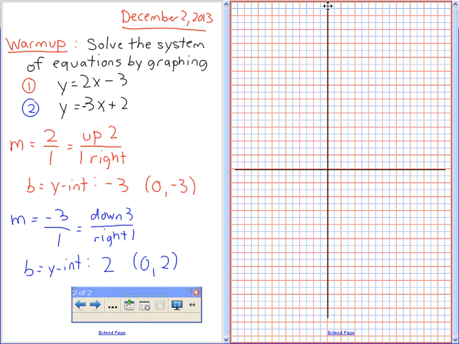First, I'm going to begin with arrows on all four corners, and this should be straightforward for people. Okay, because remember, these graphs go on forever. At the top, I'm going to put y-axis. On the right, I'm going to put x-axis. In the middle is going to be 0, and I'm going to make this graph.